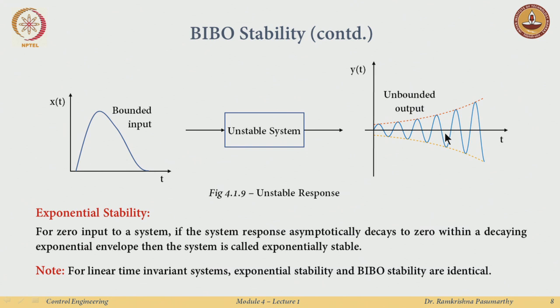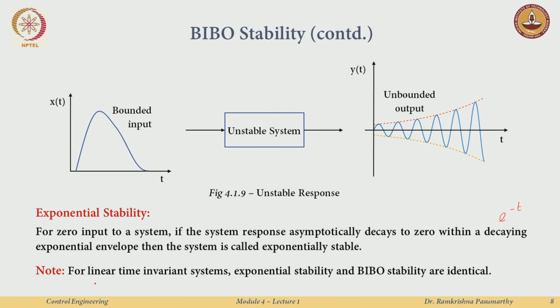There is also a notion of exponential stability in linear systems. What does this mean? In the absence of input, or if the input is 0, if the system response asymptotically decays to 0, again within an envelope, then the system is called exponentially stable. For example, a response of e to the power minus t is an exponentially stable system.